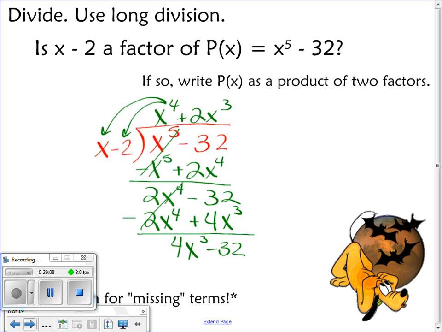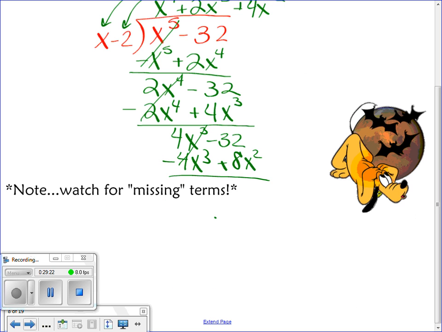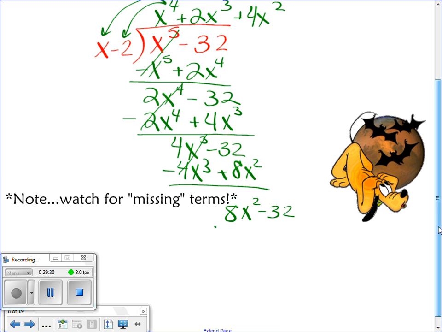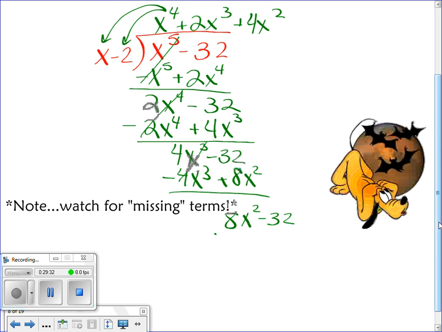And we start over. When you multiply x, 4x squared. Multiply. 4x cubed minus 8x squared. Change your signs. So that gives us what? 8x squared minus 32? All right, what do you multiply x by? 8x.